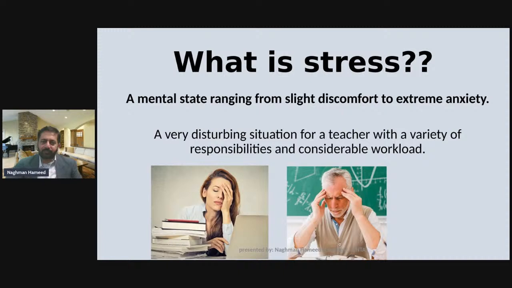In short, a very disturbing situation for a teacher sometimes, with a variety of responsibilities and considerable workload. Actually, stress could have been managed if the teacher had not been given so much workload and extra responsibilities, meaning responsibilities other than teaching. They have to deal with every type of student. They have to deal with the parents from different backgrounds.